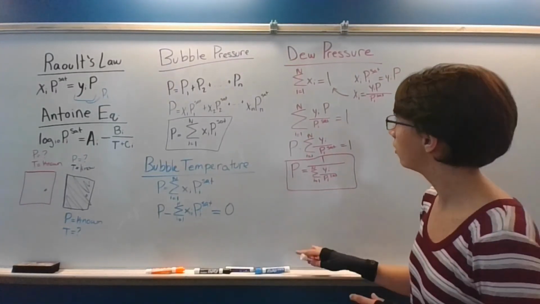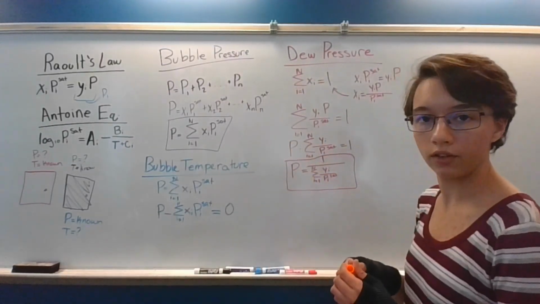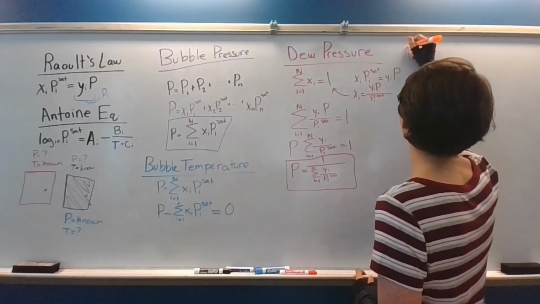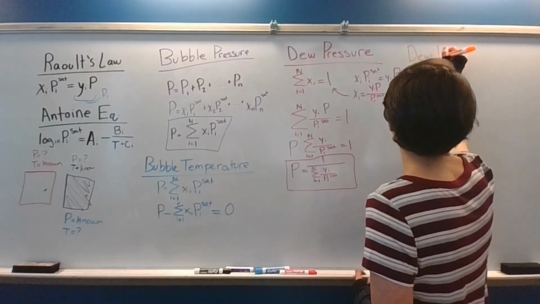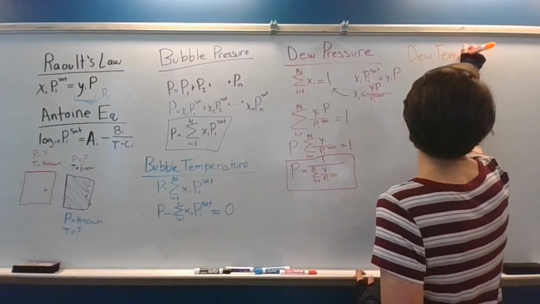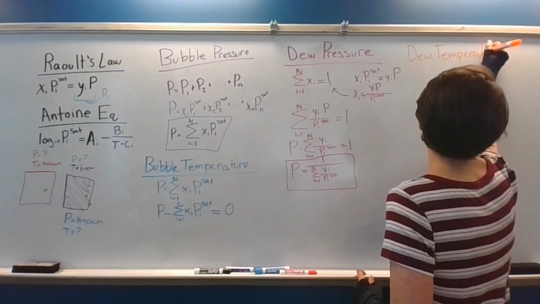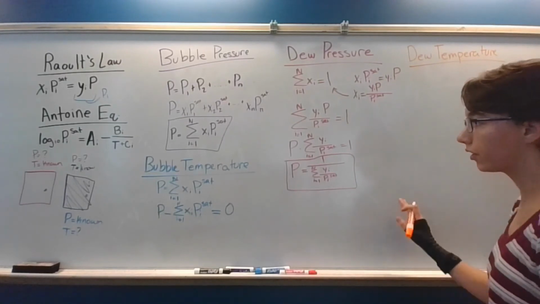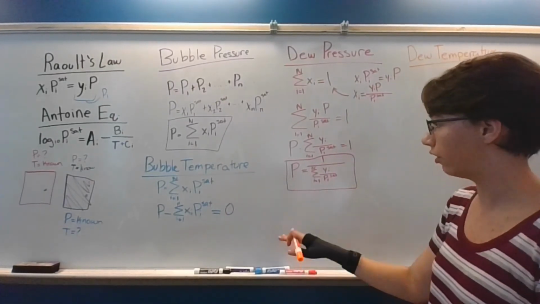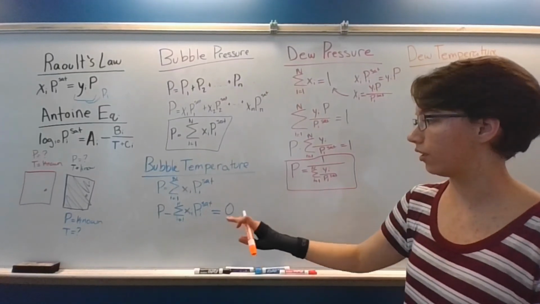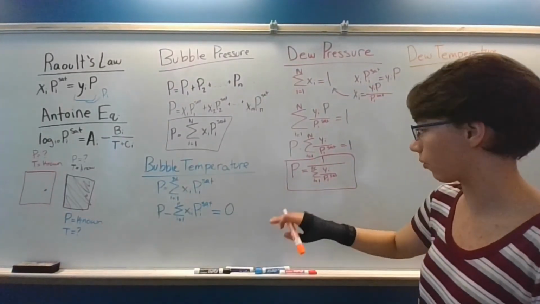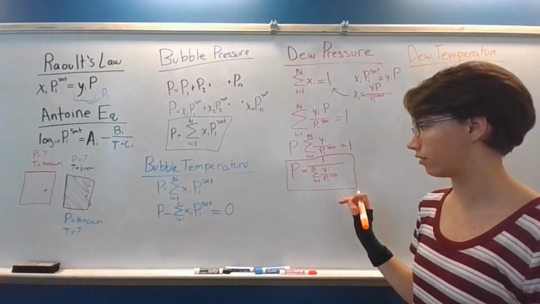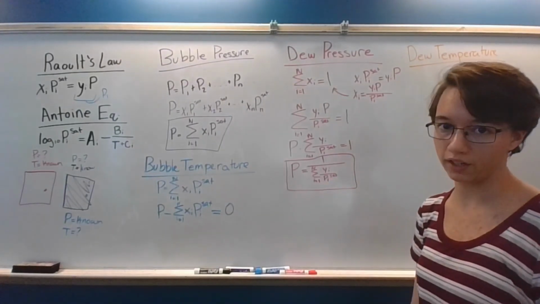Alright, so finally, we're going to want to look at the dew temperature. Similar to what we did for the bubble temperature, we can use the same idea: get the two things on one side, set it equal to 0, and use a root solver to solve for the temperature, since temperature is going to be hard to extract from here algebraically.